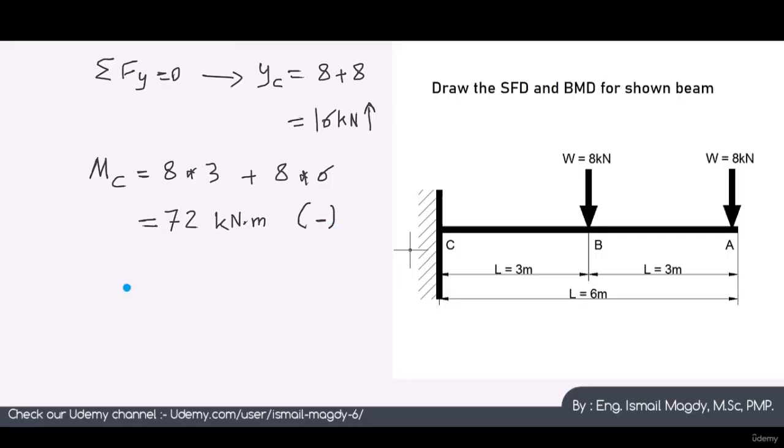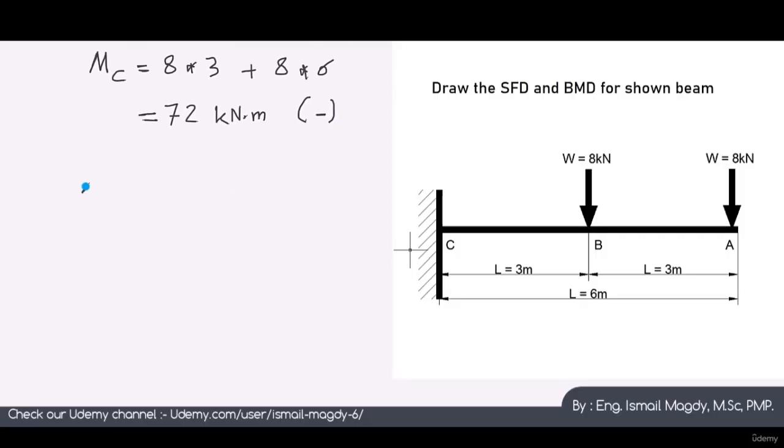Now we can start drawing our diagrams. We'll start by drawing our beam again. We have here the 8 kN force. Here we have the 8 kN force.